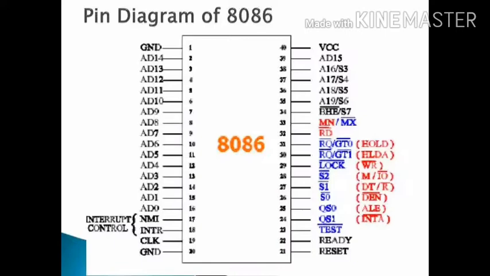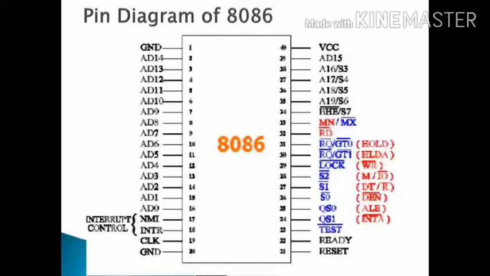So in that case this interrupt signal would be used, and it is an input pin to the 8086 and an active high signal. So whenever there is an external interrupt to the microprocessor, this pin will be active. You don't need to tell the microprocessor where to branch and where to service this interrupt.